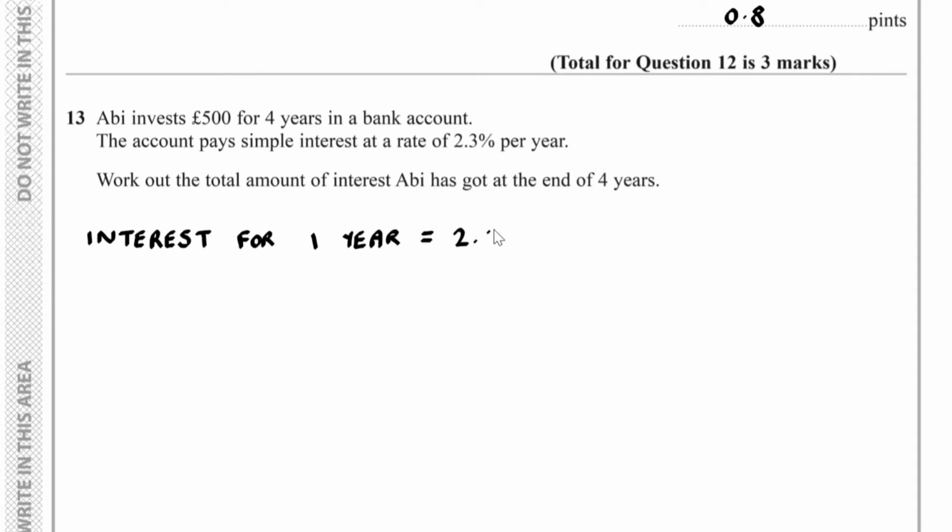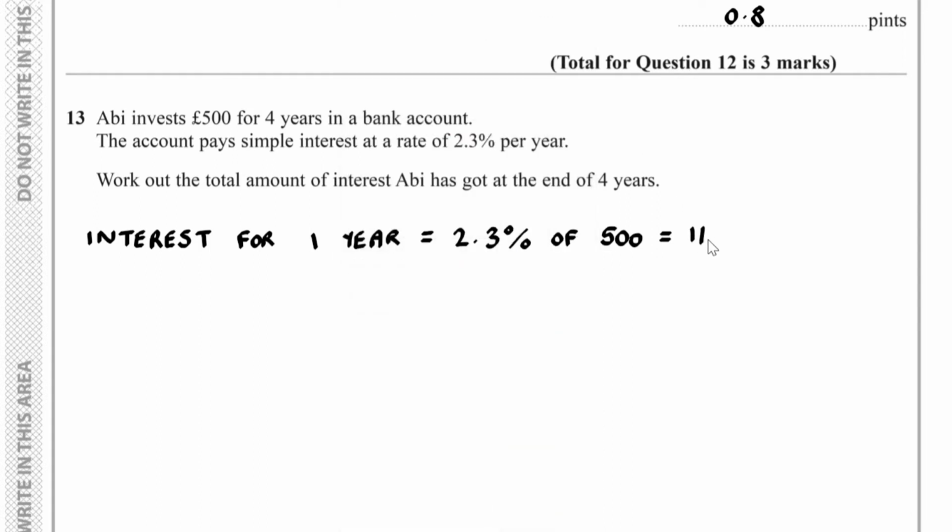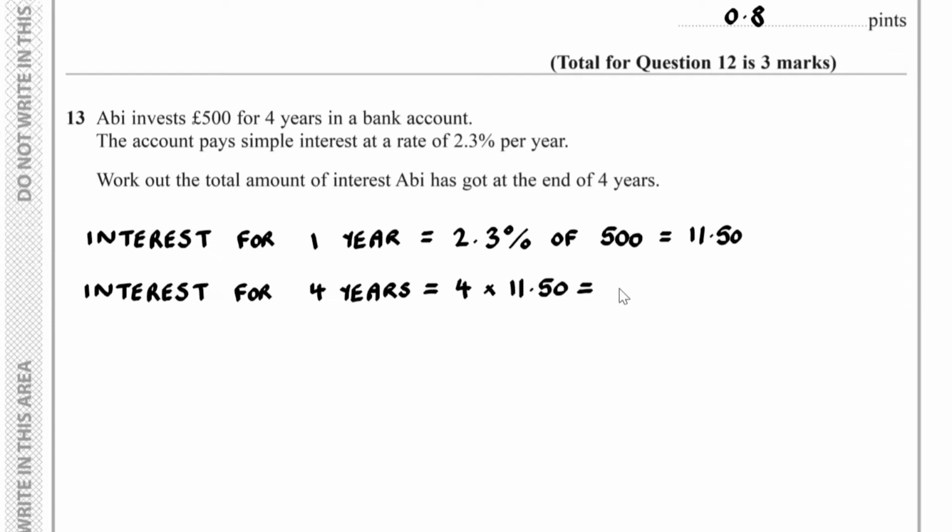So that's equal to 2.3% of 500, which is £11.50. Now we've got interest for 4 years, so we would have 4 times 11.50, which is £46.